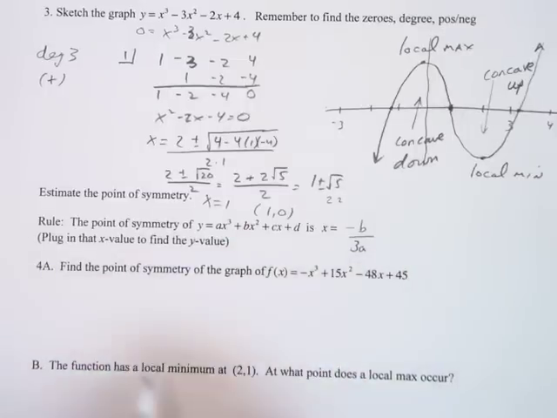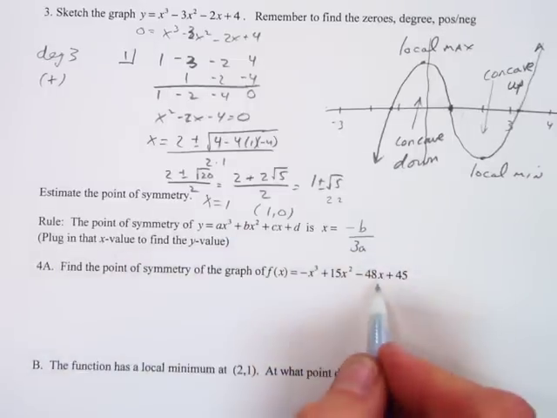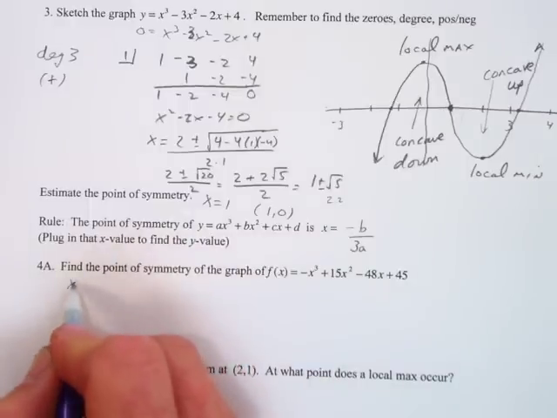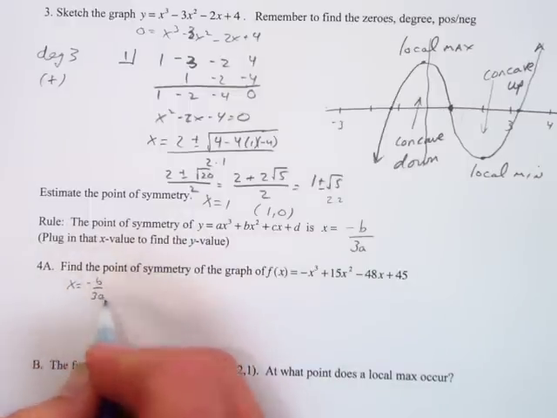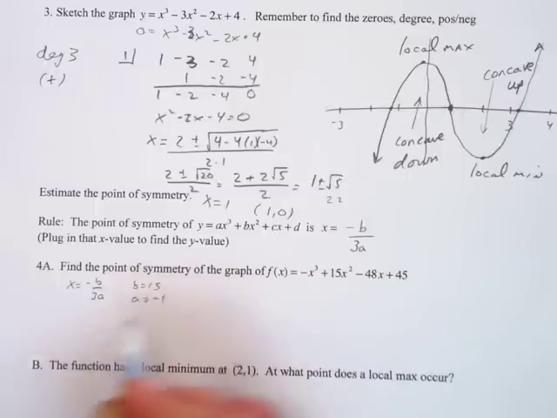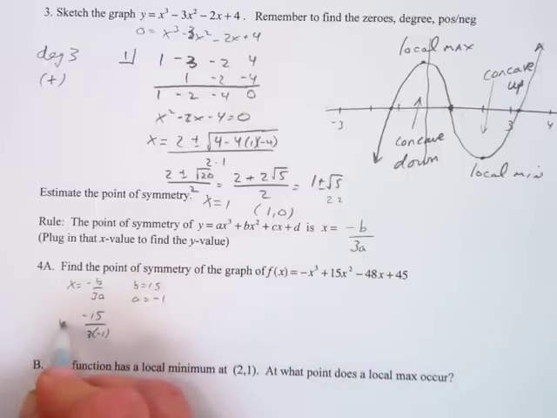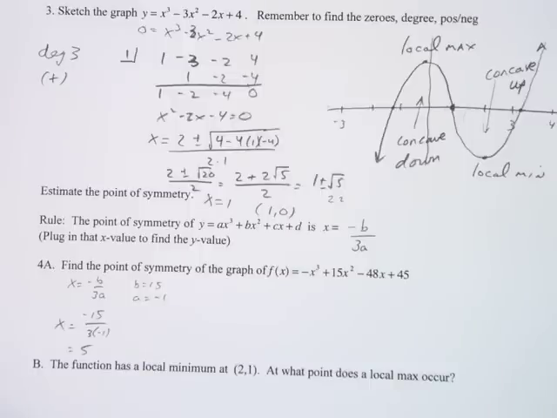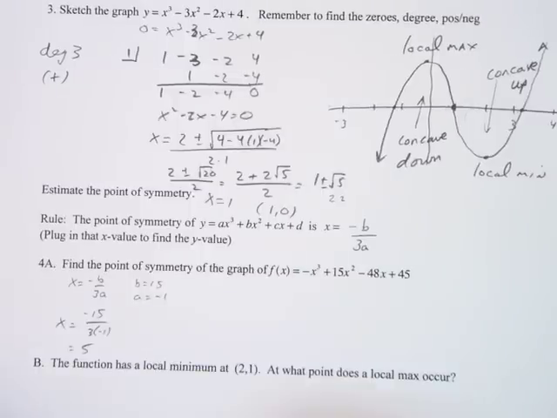All right, so now let's try to find this. It says find the point of symmetry. Here's a cubic equation. We're going to say x equals negative b over 3a. In this case, b is 15 and a is negative 1. So we have negative 15 over 3 times negative 1, so we get negative 15 over negative 3, and that gives us positive 5. Now, how do we find the point? We have to find x and y.